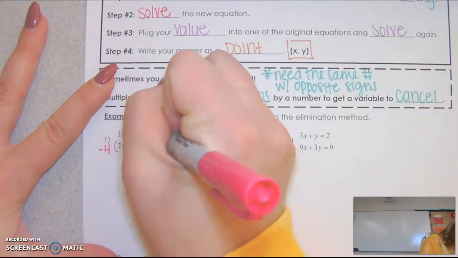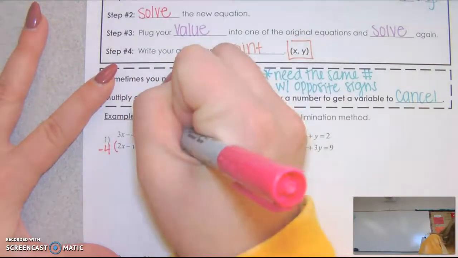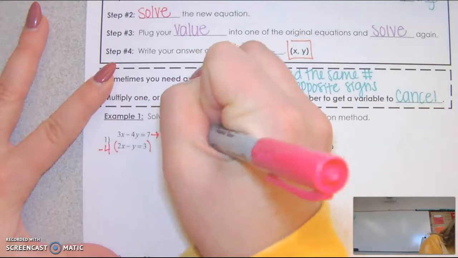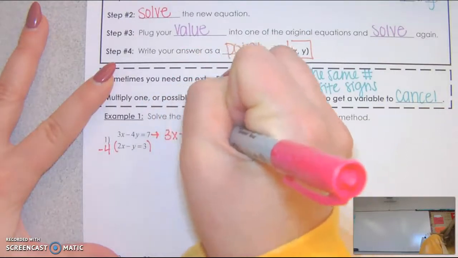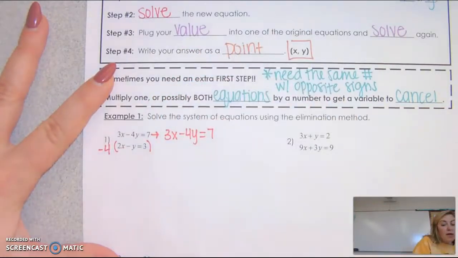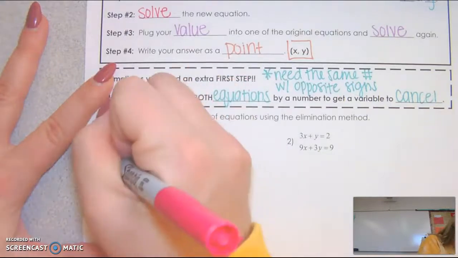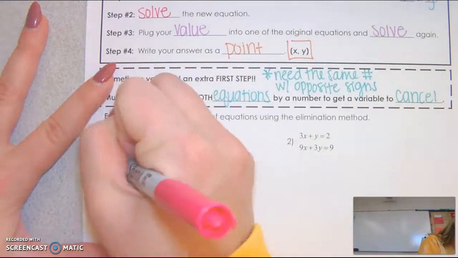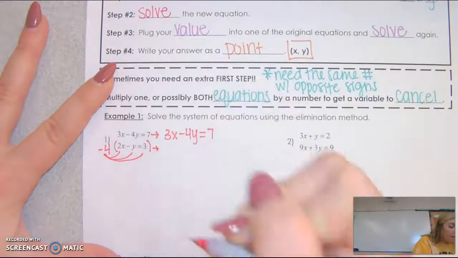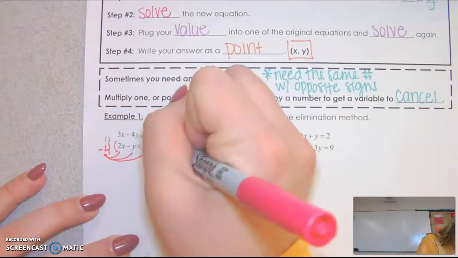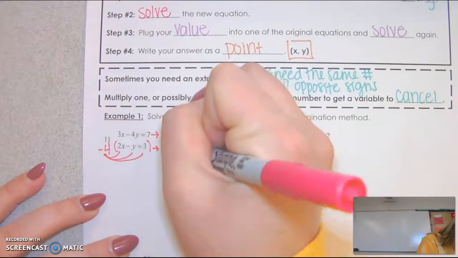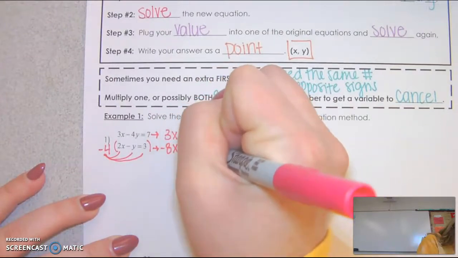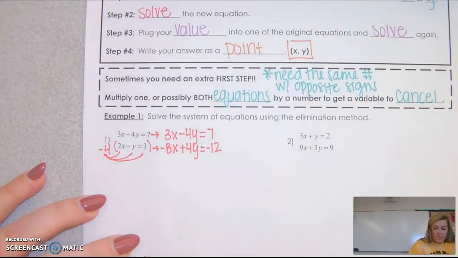So I'm going to first rewrite the top equation, 3x minus 4y equals 7. And then I'm going to multiply everything in that equation by negative 4 and rewrite it. So I'll have negative 8x plus 4y equals negative 12.